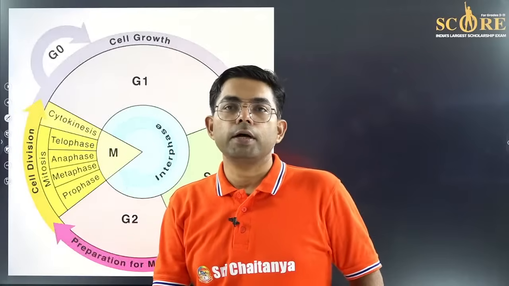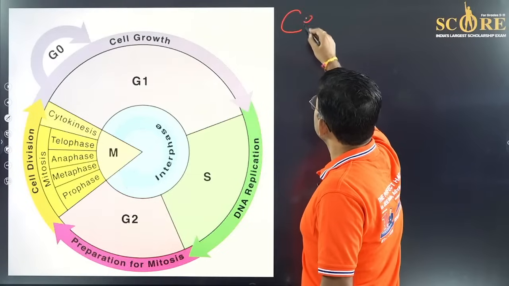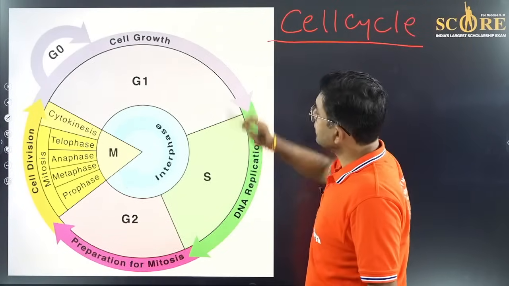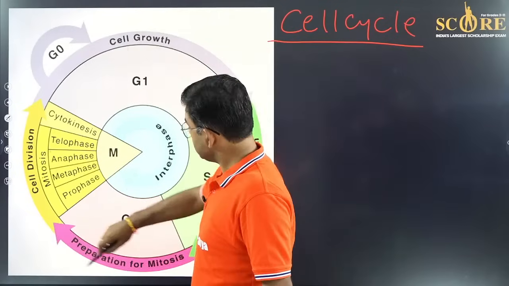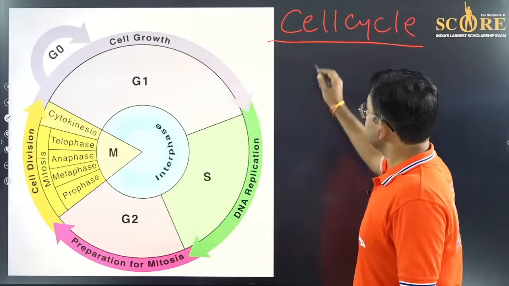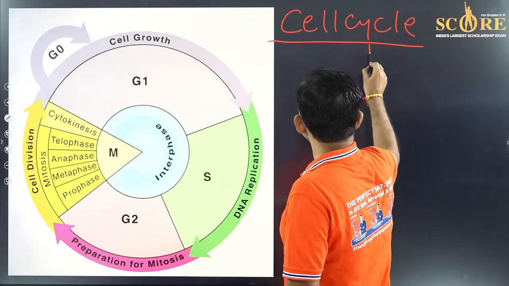Then the last part is this, the cell cycle. Now you can clearly see that the cell is dividing, right? In simple terms, the cell cycle is divided into two phases.